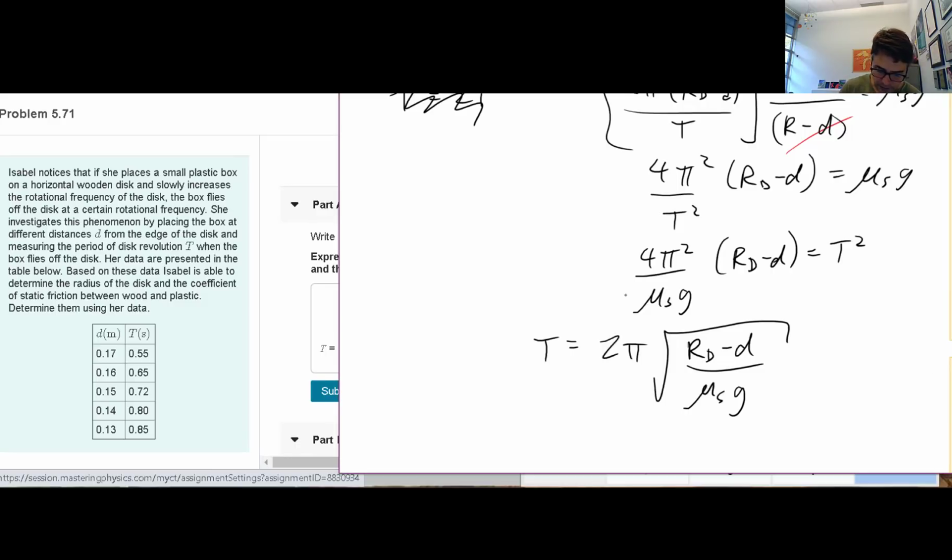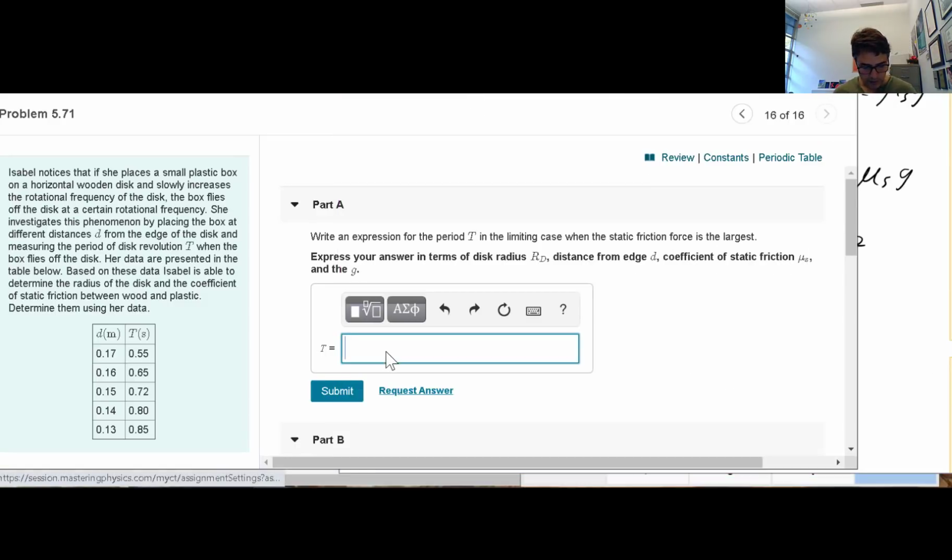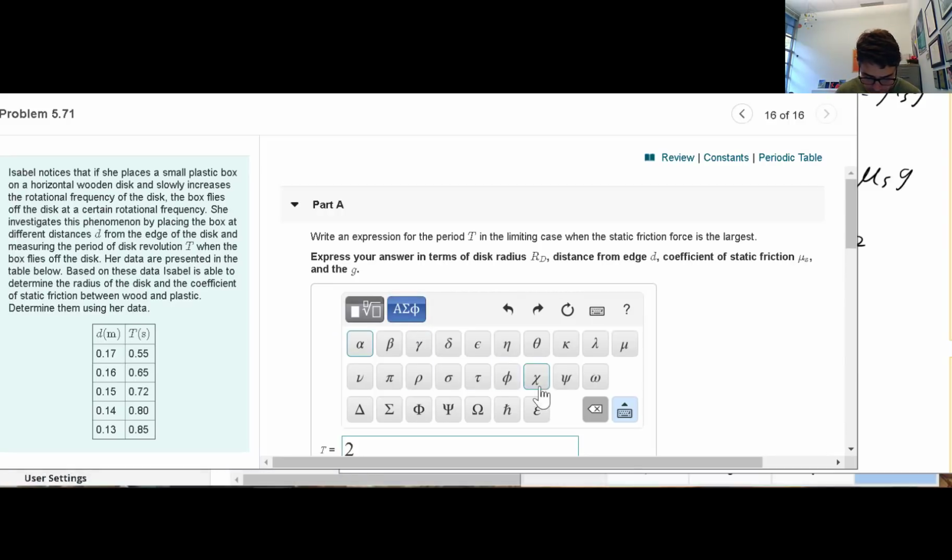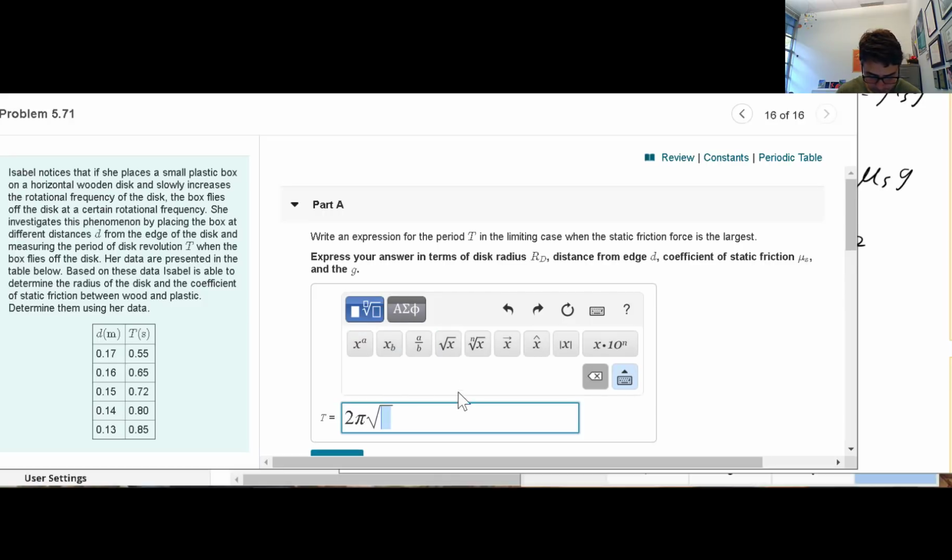We just have to type this in here. So it's 2 times pi, let's get our little pi here, times the square root of some big fraction.